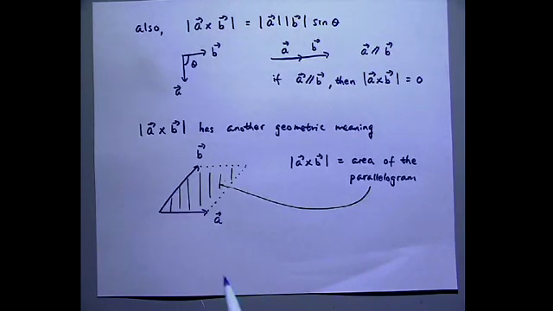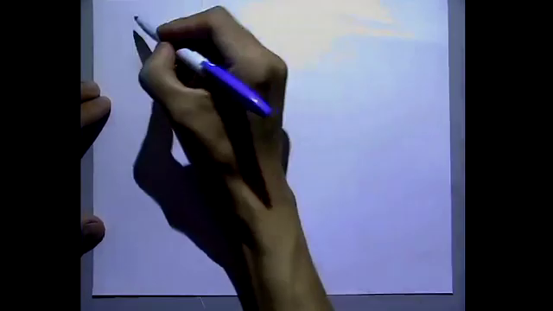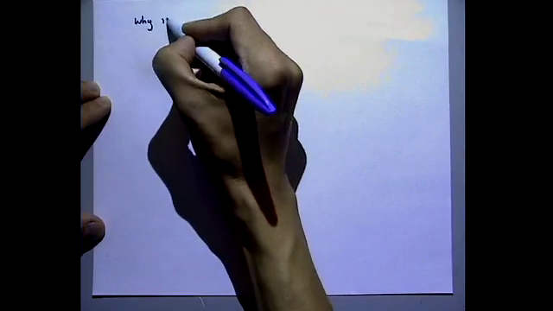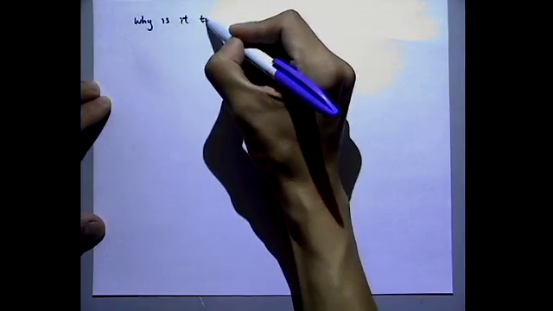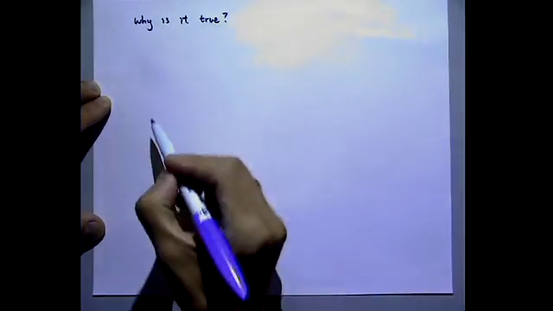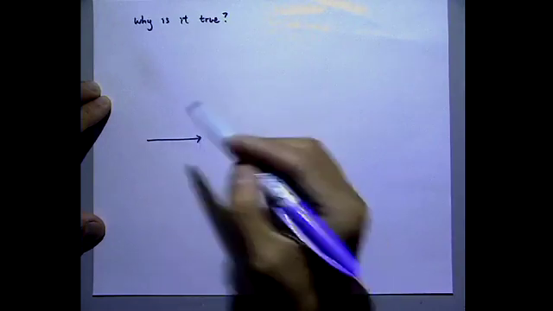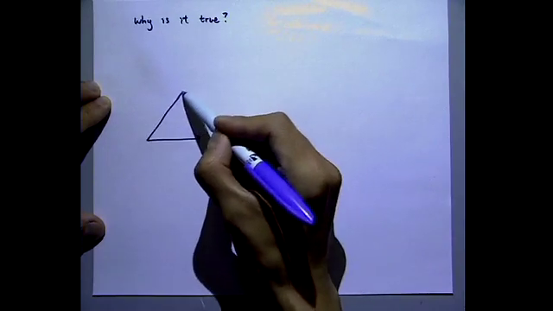Okay, when you look at this and you go, how can that be? Let's find out why this is true. This is a very good exercise to find out why this is true. So let me draw the two vectors again.